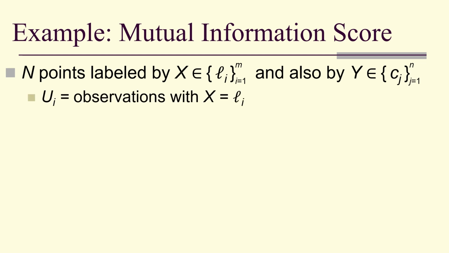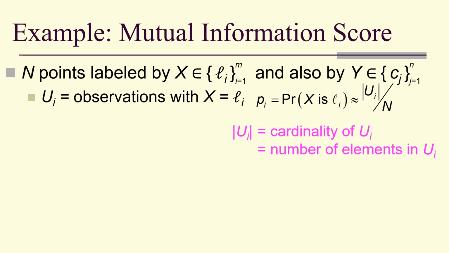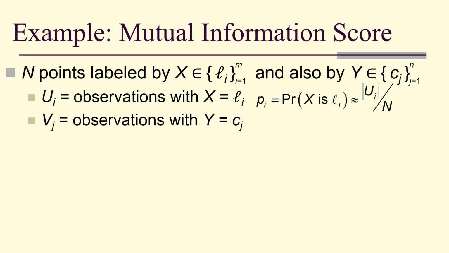So U sub i, that's the set of observations labeled by L sub i for X, and we can take our probability that X is L sub i and take the cardinality of U sub i over N as an approximation. So V sub j is the set of observations with Y equals C sub j. Q sub j, the probability that Y is C sub j, is approximately the cardinality of V sub j over N.